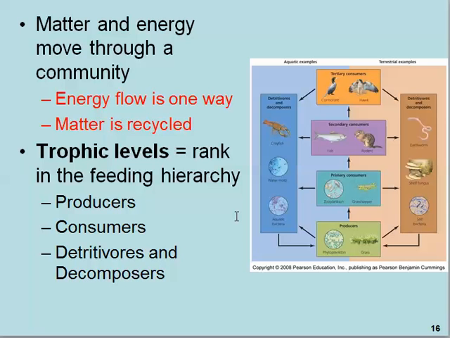And they are passed along from one trophic level to the next through eating, and they are recycled and they stay here. There's a finite supply of those on the planet. Energy, however, there's a constant flow of it from the sun, and there's a reason for that that we'll look at in just a minute. That energy cannot be recycled. The flow is one way.